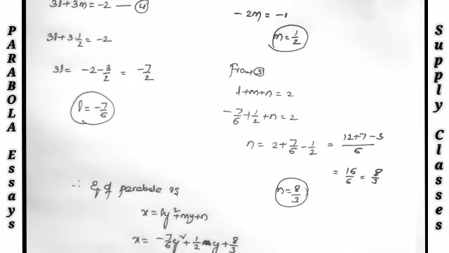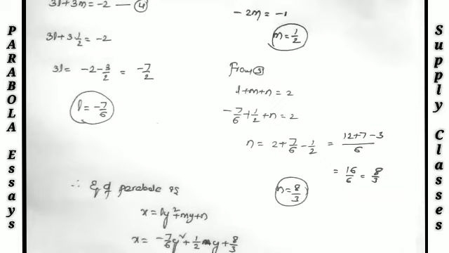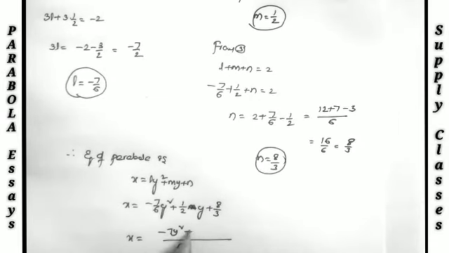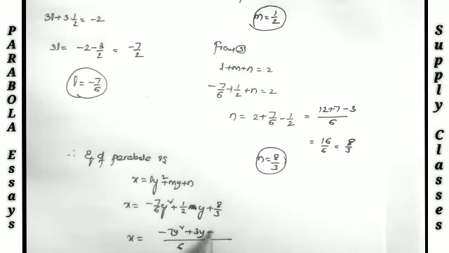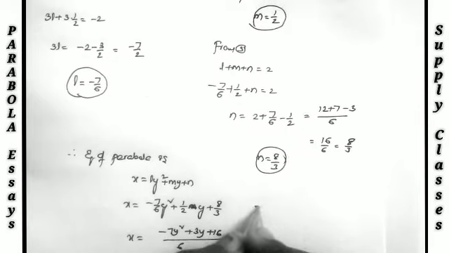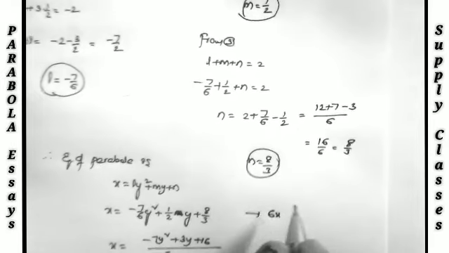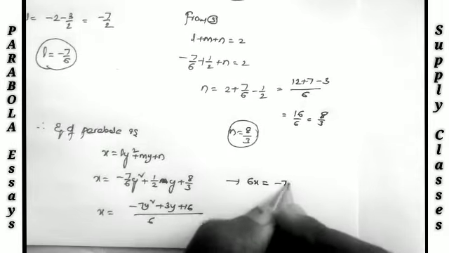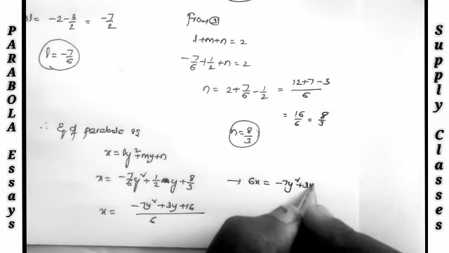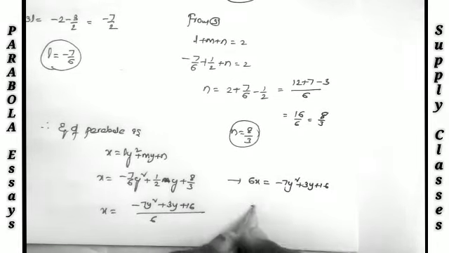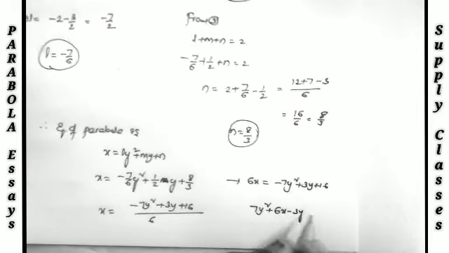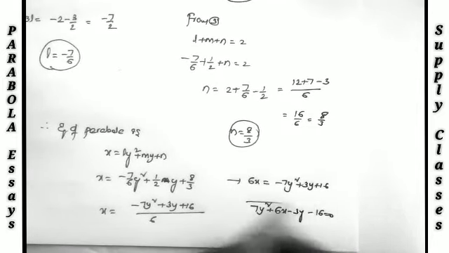Now taking the LCM 6, this becomes 6x equals minus 7y squared plus 3y plus 2 times 8, which is 16, taking the cross product. So 6x equals minus 7y squared plus 3y plus 16. Therefore the answer is 7y squared plus 6x minus 3y minus 16 equals 0. Okay, which is the required answer.